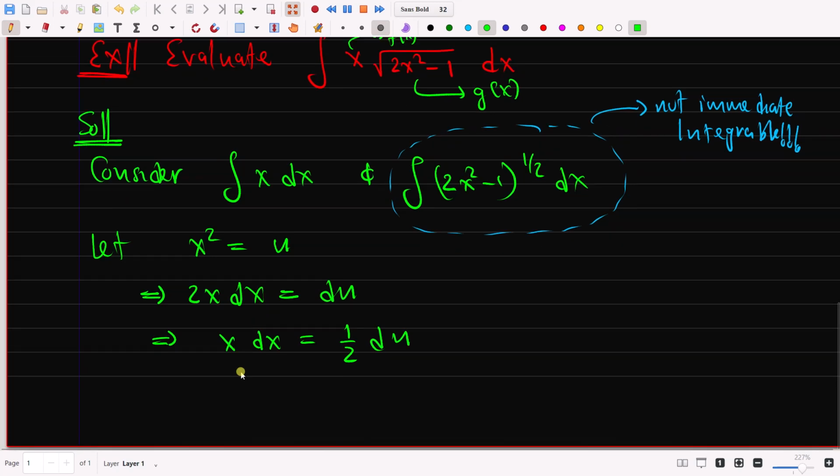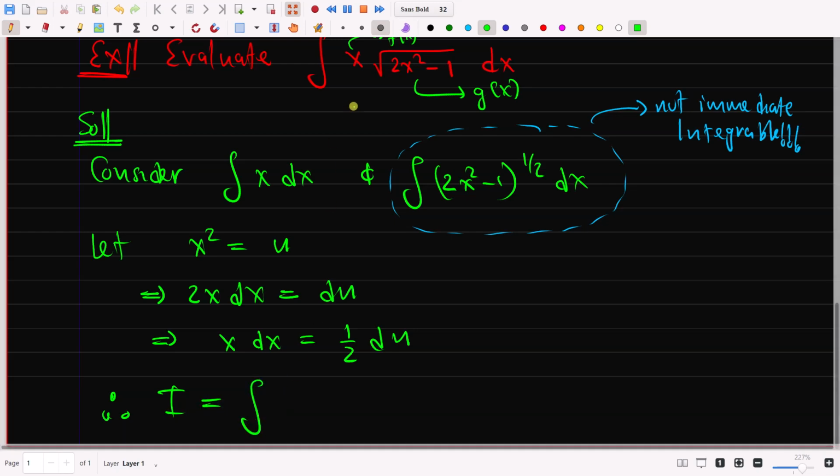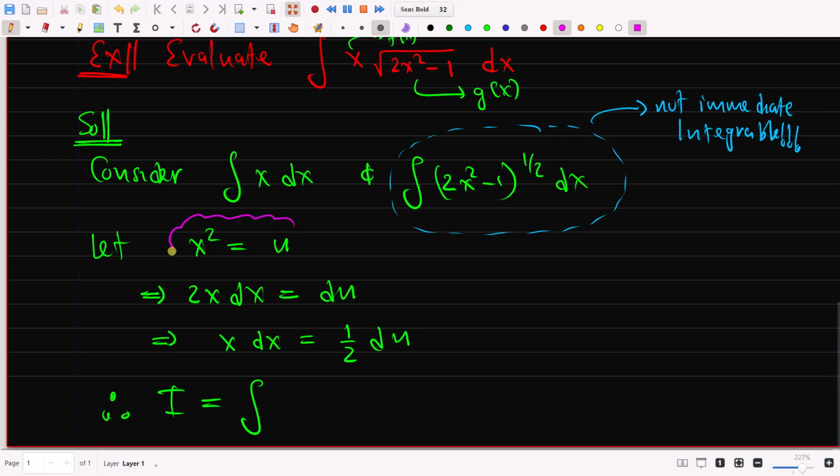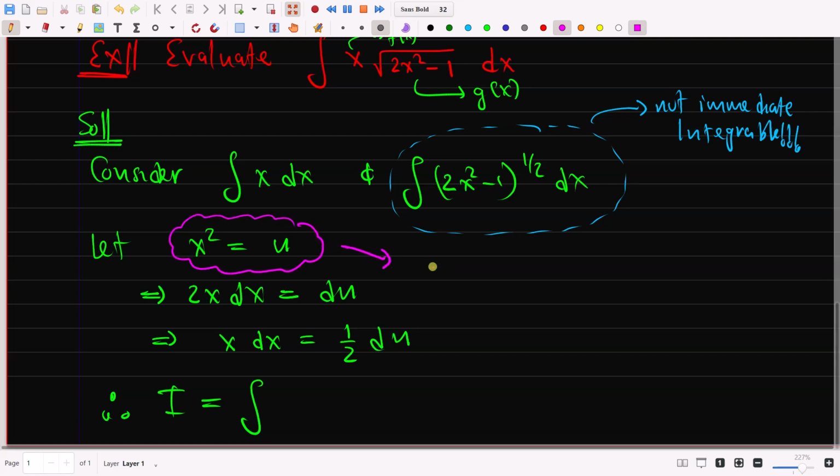Now we have found all this information, it's time to substitute it back. If we substitute, what do we get? The integral I is equal to what? There is an x term sitting there, but we know that x squared is u, so we can deduce what x can be by making x the subject.